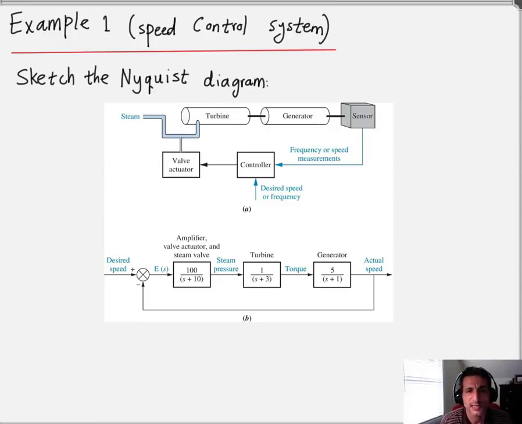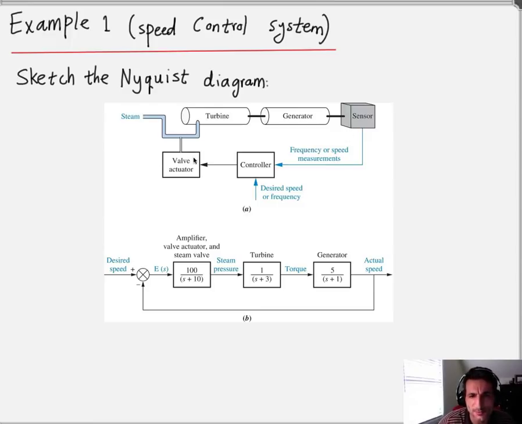In the first example, I'm going to talk about how to sketch the Nyquist diagram, or the Nyquist plot. This is an example of what is called the speed control system. Speed control systems have found wide application throughout industry and also for home application.